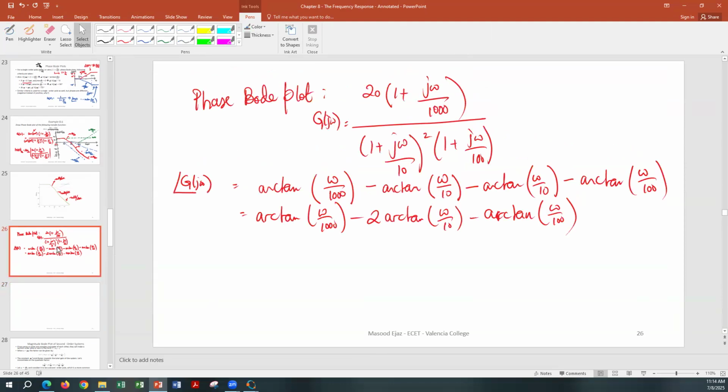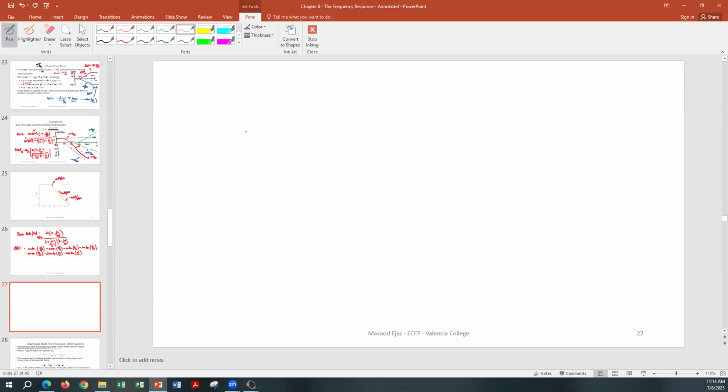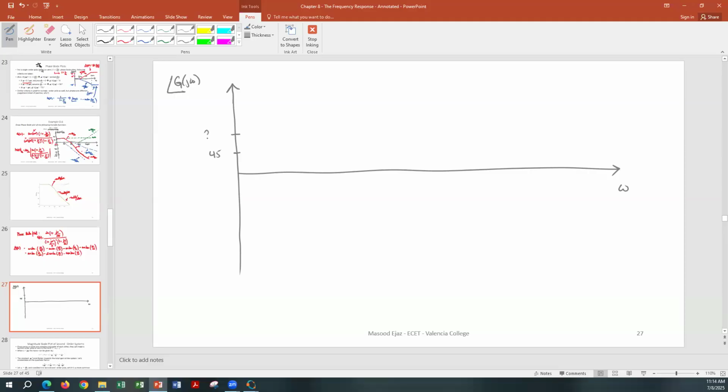I'm sorry? 20, yeah, 20 is 0 phase, right? It lies on the real axis. Yes, it's 0 phase. So this is in degrees.